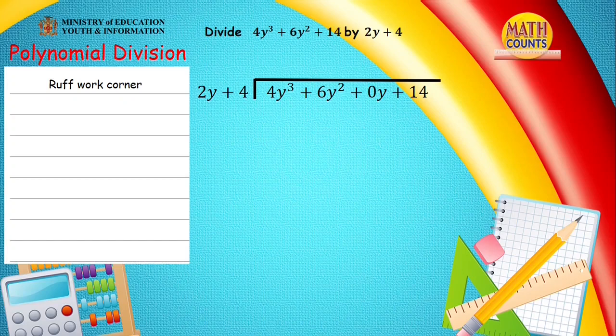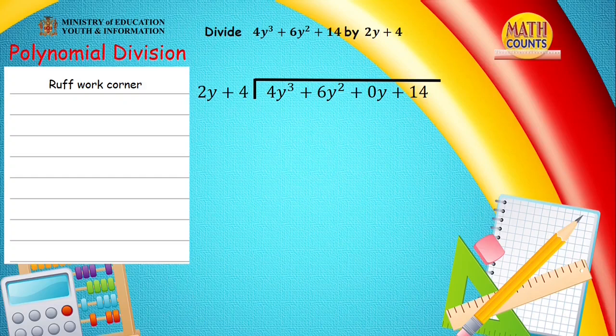All right, second example. Divide 4y to the third power plus 6y squared plus 14 by 2y plus 4. Now, before we go into the actual calculations, there's something I want to pull your attention to. Notice in the question, we have the y to the third power term, the y squared term, but we don't have the y term.